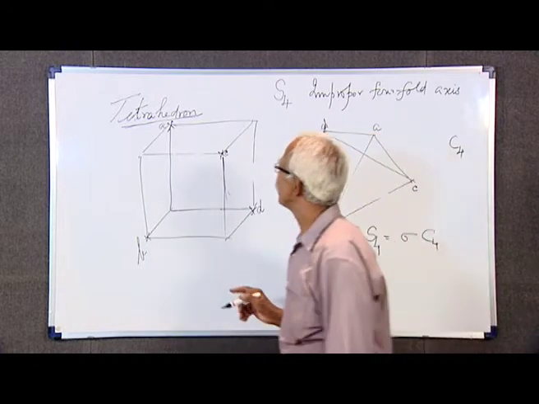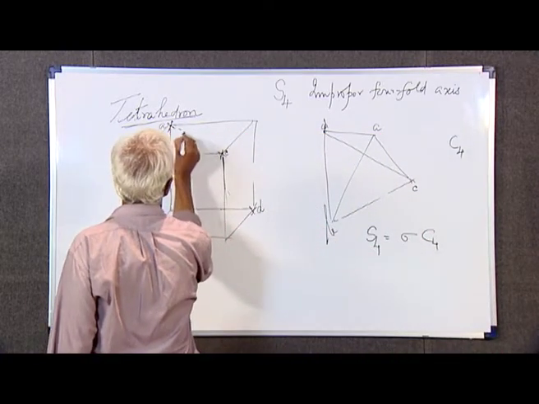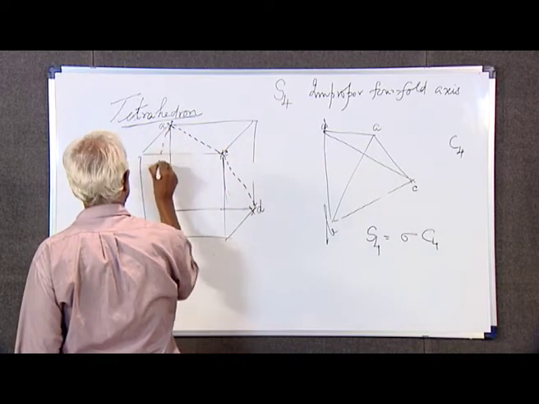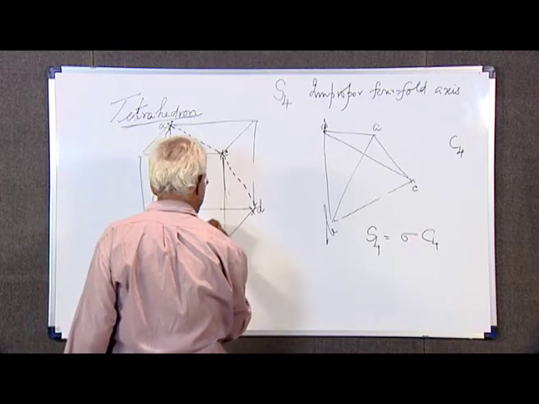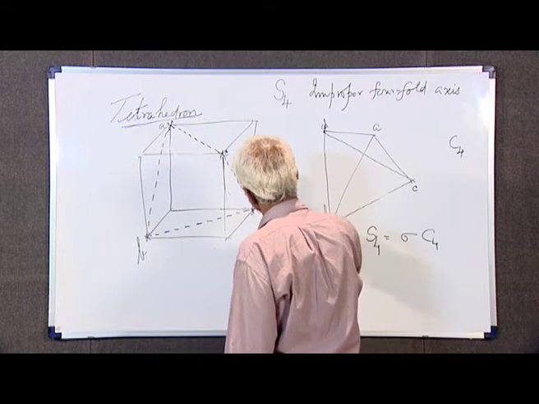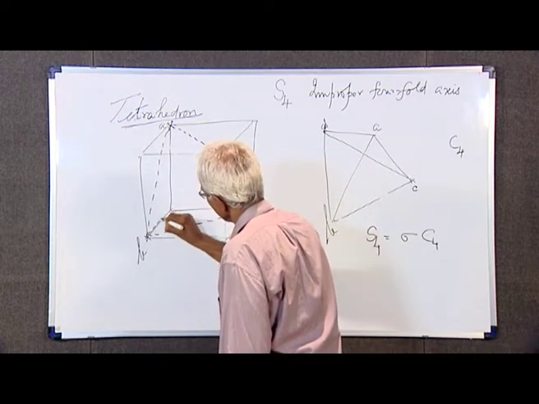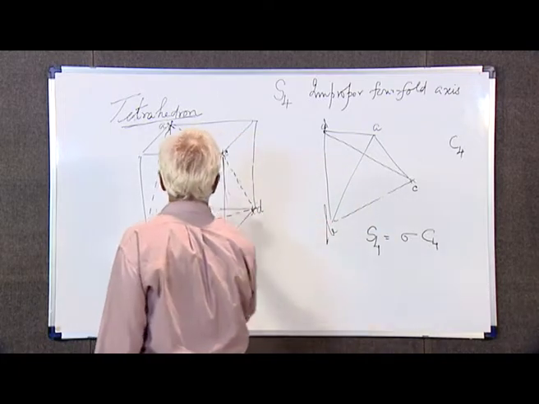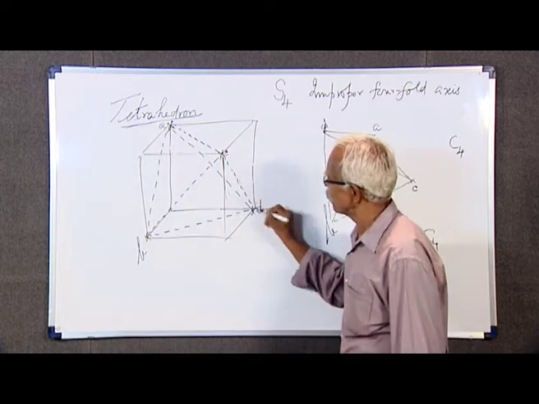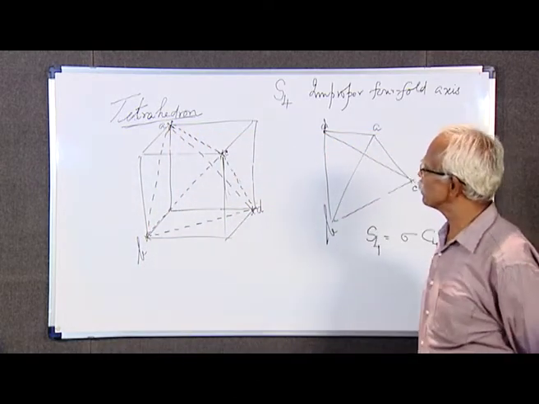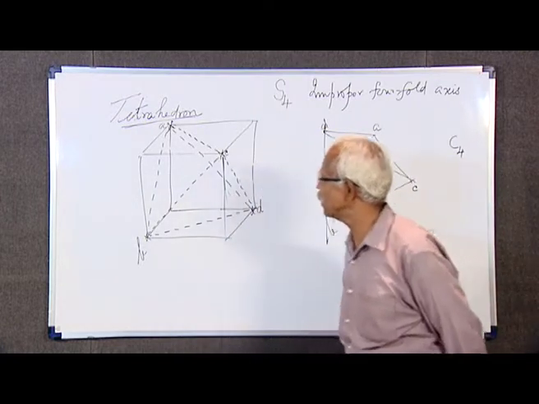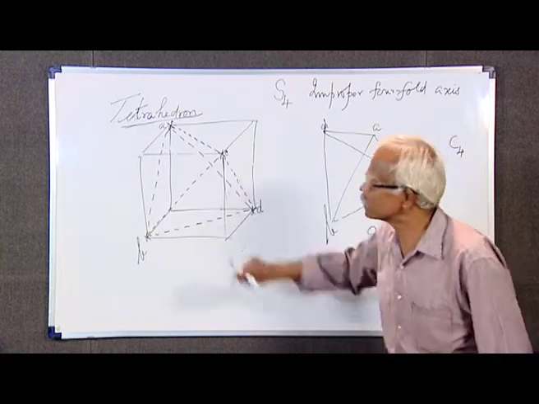Now, we join these points. Consider the dotted figure A, B, C, D. Evidently, it is a tetrahedron.